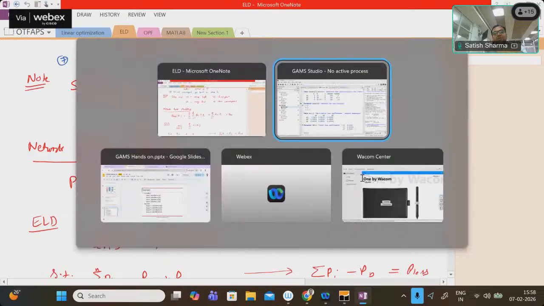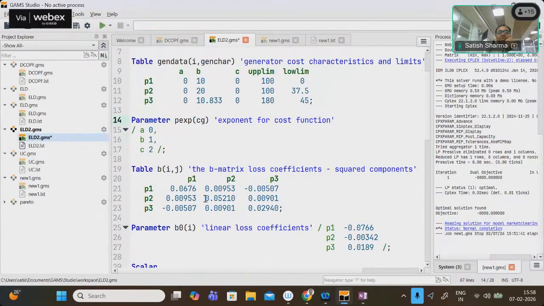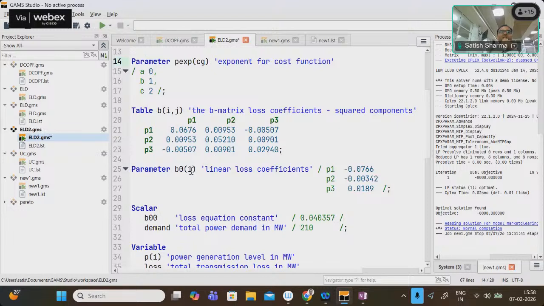So the same thing has been defined here: this Bij is for when both squared terms are there, then B0 is basically the linear loss coefficient. These are with respect to P1, P2, P3, and B00 is the constant loss coefficient. That is also provided here.